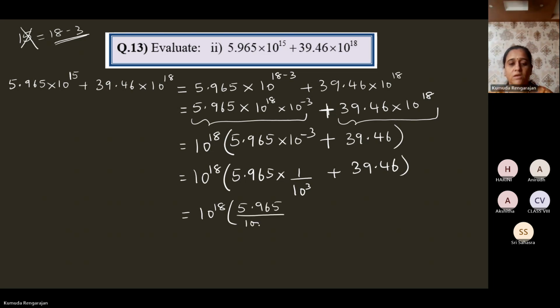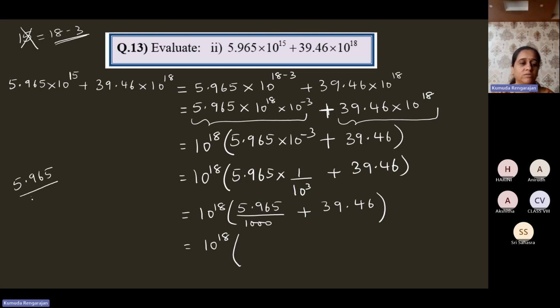Divided by 1000. Is this correct? Yes, ma'am. Tell me the decimal value. What is 5.965 divided by 1000? It is?